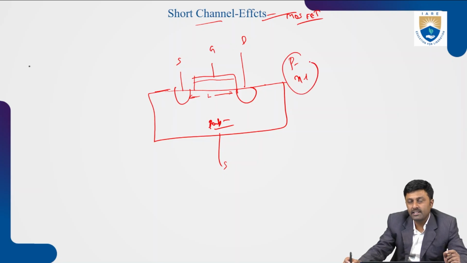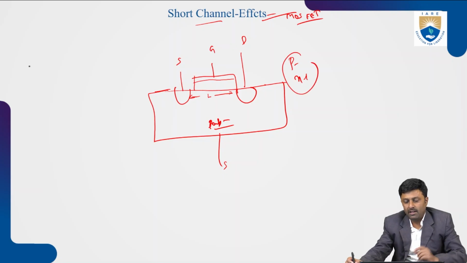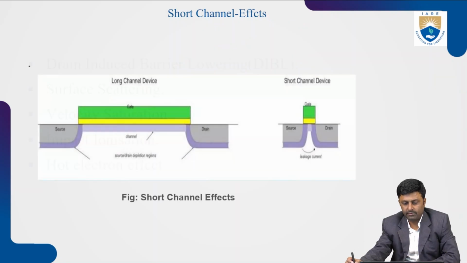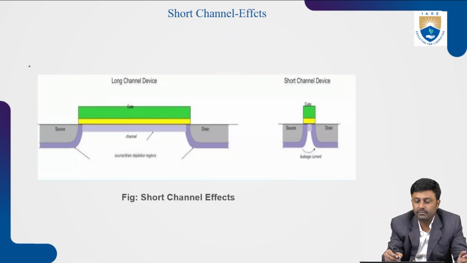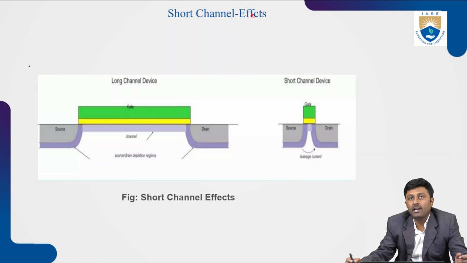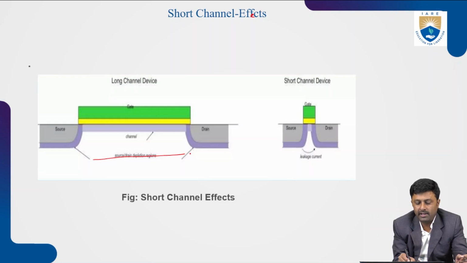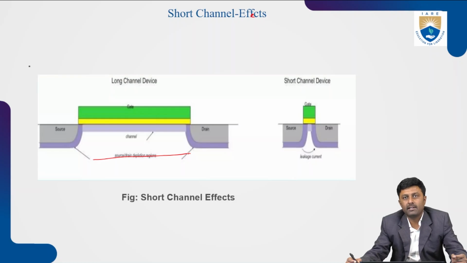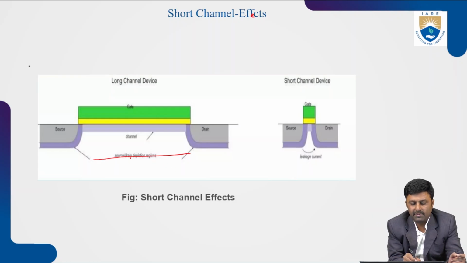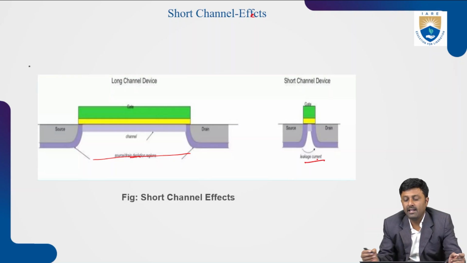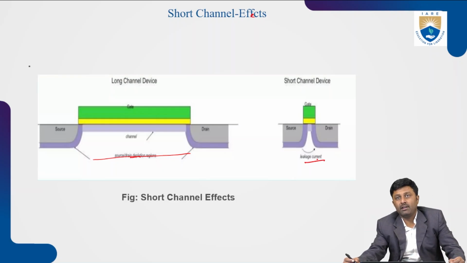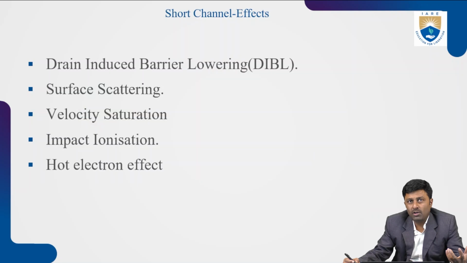Short channel effects occur if the length between source and drain is reduced. So let us say if it is like this, and if it becomes like this, then the short channel effects occur.